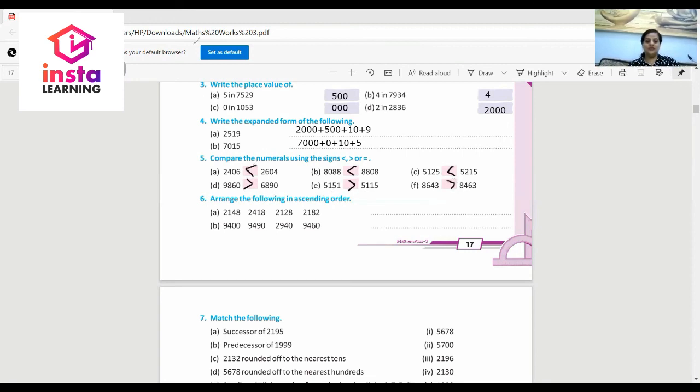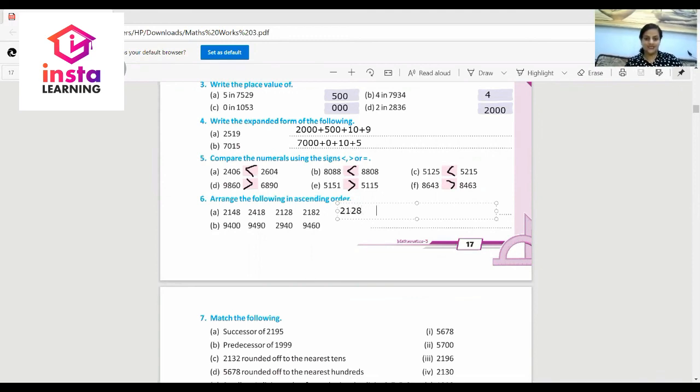Now, this is ascending order. We are going to write here ascending order. In that, 2000, 2000, 2000, 2000, all four numbers have 2000, same. Then we look at hundreds: 100, then 400, then 100, then 100. But in that, 2128 is the smallest one.